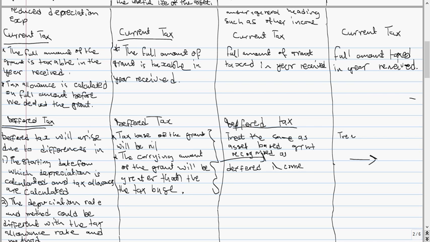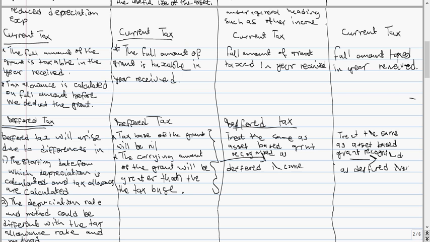And here treat the same as asset-based grant recognized as deferred income. Okay, it seems like my pen doesn't want to write anymore, but treat the same as asset-based grant recognized as deferred income in both cases.